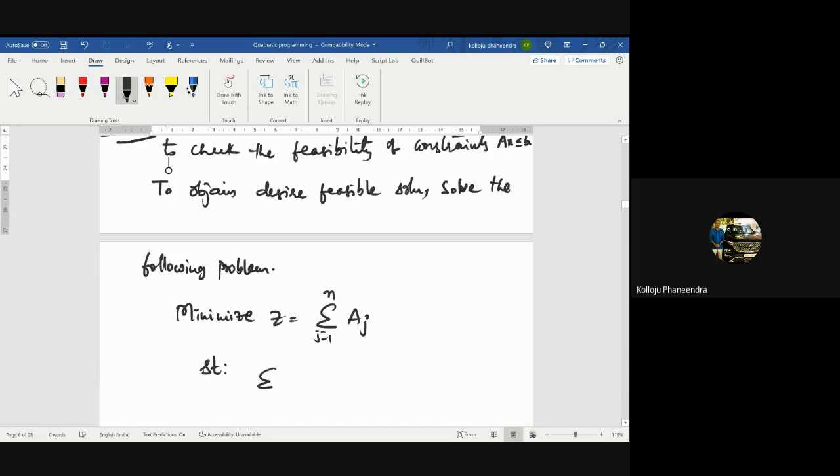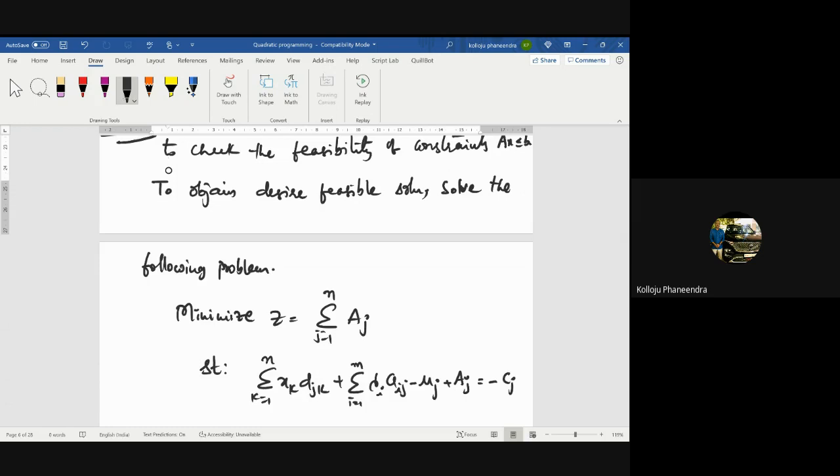The first constraint is our first KT condition: summation xk djk, k equal to 1 to n, plus summation lambda i aij, minus mu j, plus Aj, equal to minus cj.